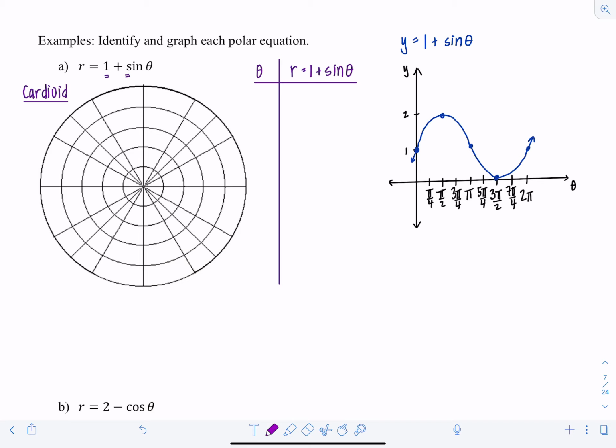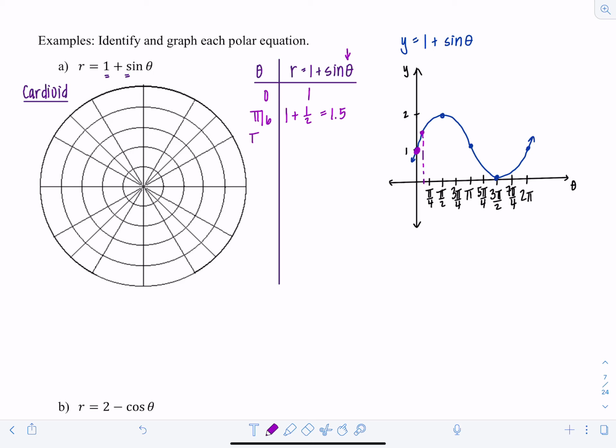So I would start at 0, and then here, this is 0, so the value would be 1, or you could just plug in 0 for theta. Pi over 6, okay, pi over 6 would be about here. And then I would know, okay, well that's 1 plus sine of pi over 6 is a half, so this is 1.5, or you could just read it off the graph.